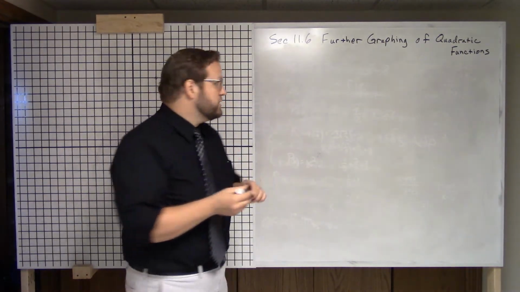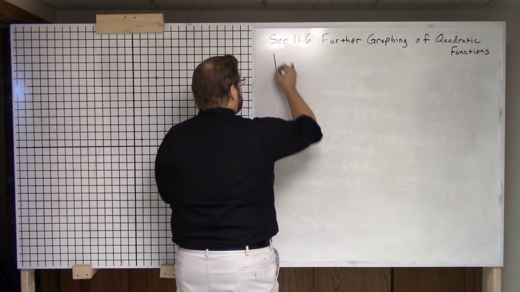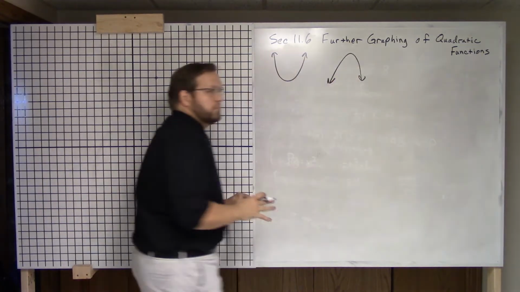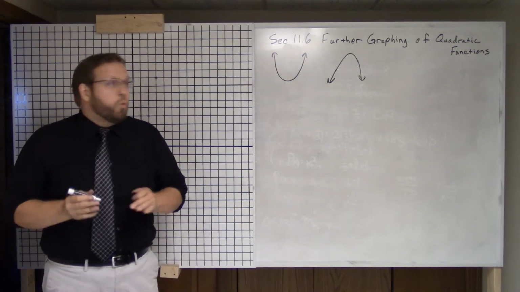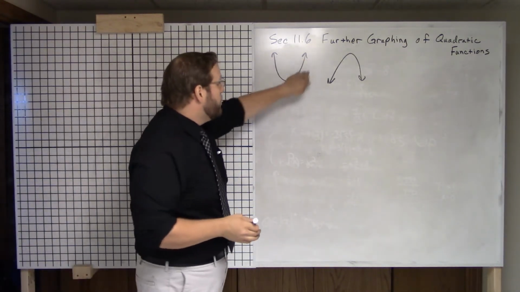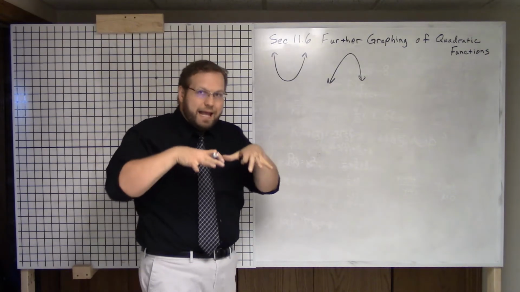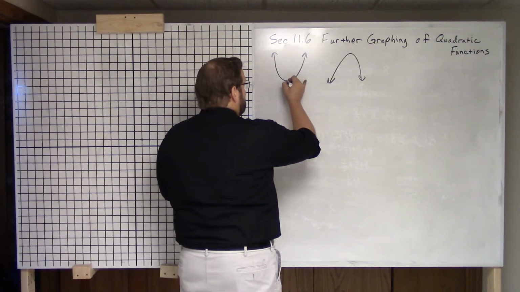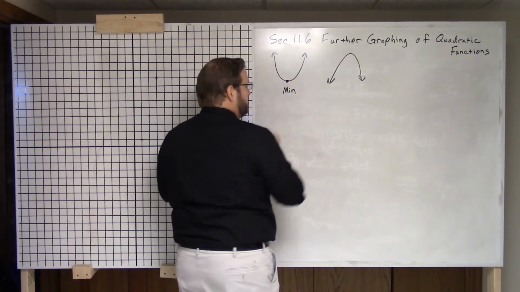The graph of a quadratic will either end up like this or like this. Simple as that. Now, when it is like this, we can see that there is a low point to that graph. This low point is called your minimum.